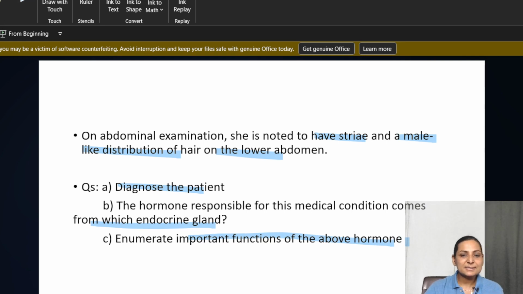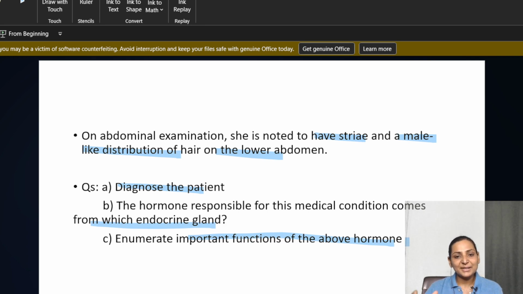In many cases, the diagnosis may be provided to you and you may be asked to give some other answers to some other questions. But here you can see you have got a very typical history. Striae, abdominal striae, centripetal obesity and gaining weight with a female who is also developing hypertension, hirsutism and amenorrhea.